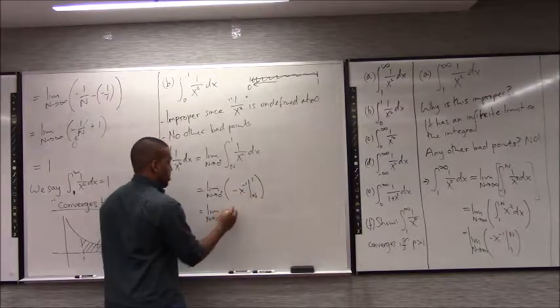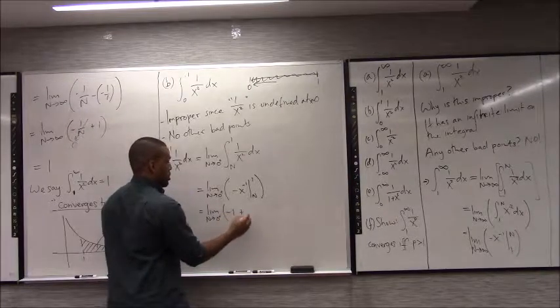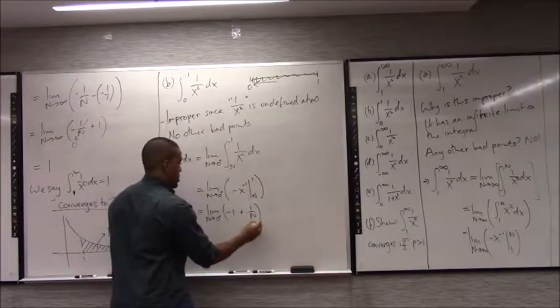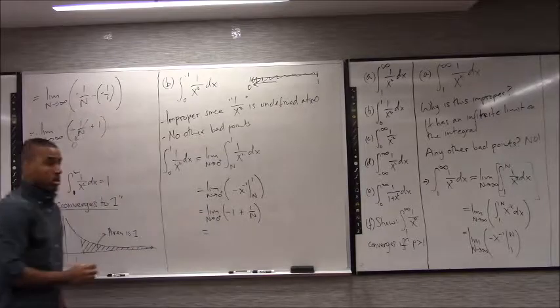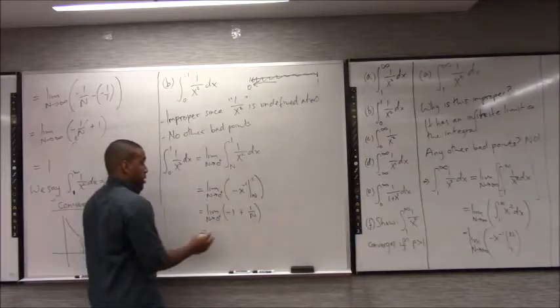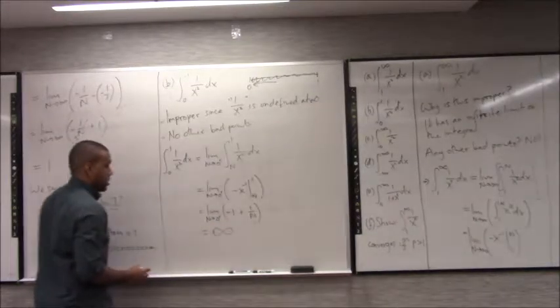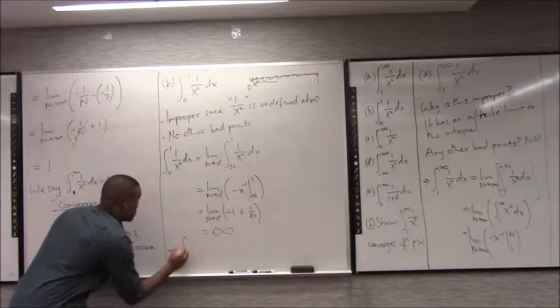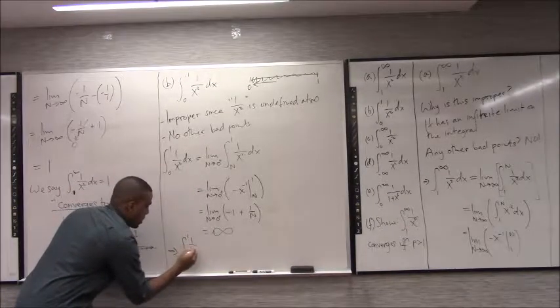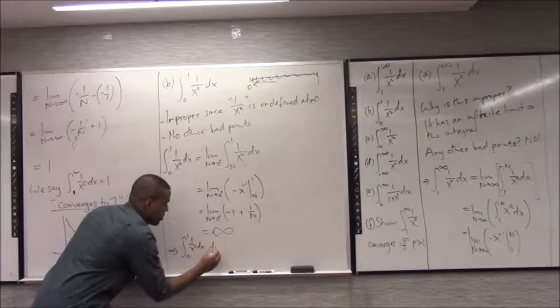Plug in the 1, plus plug in the n. Infinity. That goes to positive infinity. So this means 0 to 1 of 1 over x squared dx diverges.